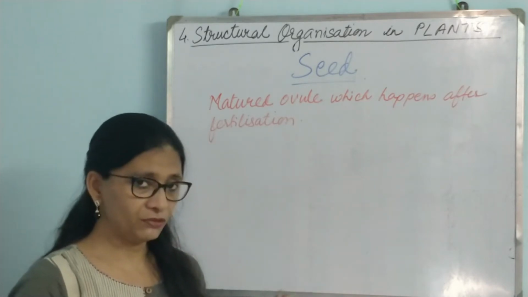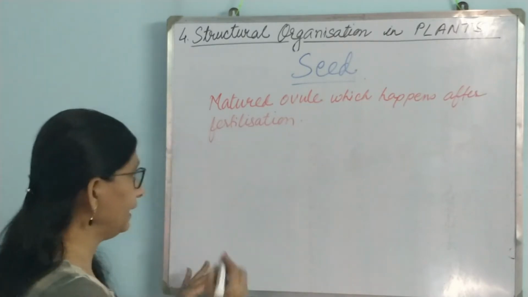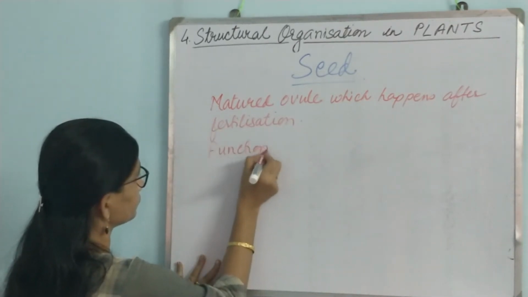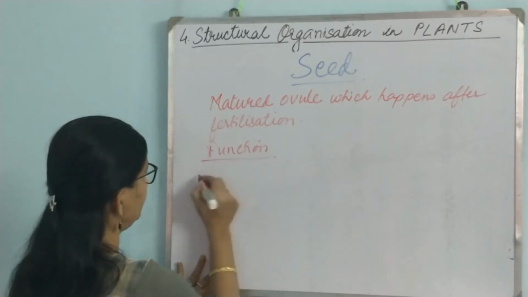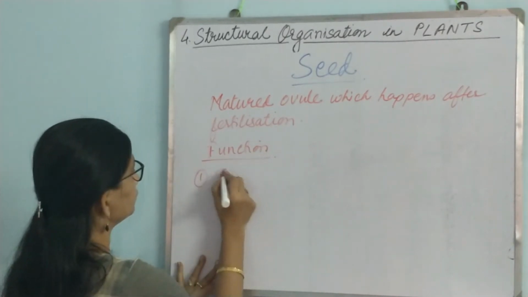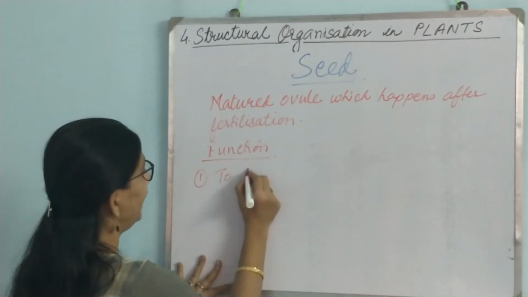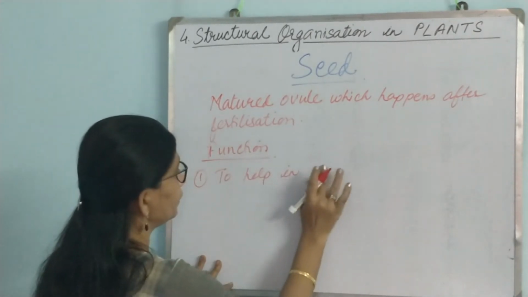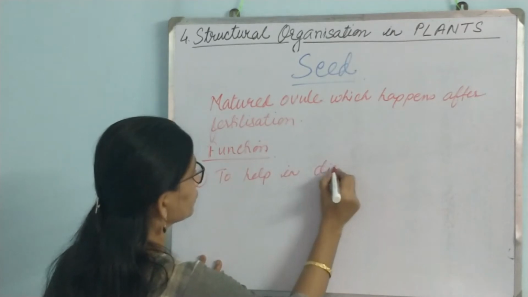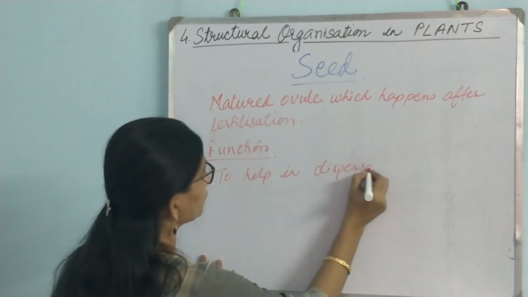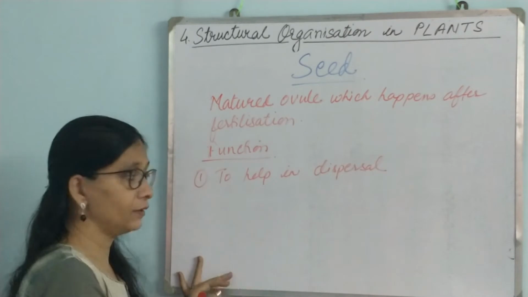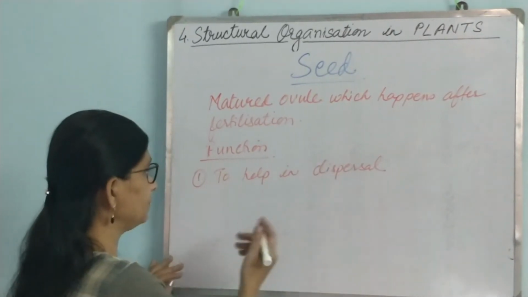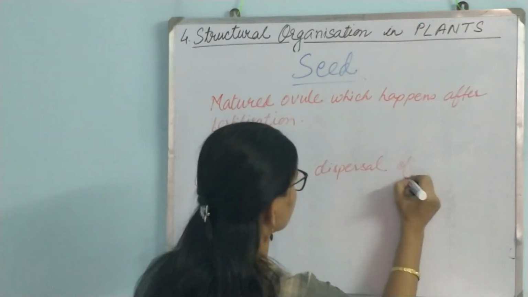So the two important functions of seed that we get: number one, to help in dispersal of plant, like it is a seed with which the plant will go, so it helps in dispersal of plant.